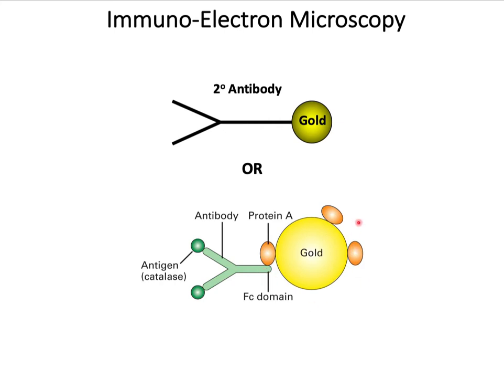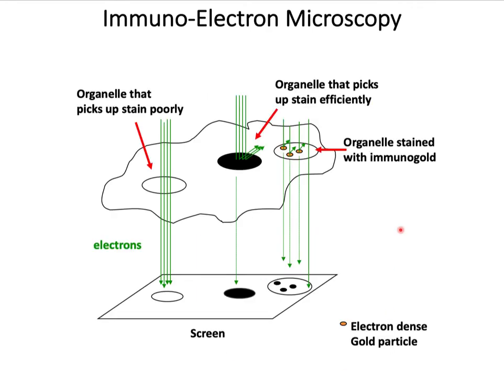This is the second way to label your primary antibody for visualization on the electron microscope. In this example, this is an antibody that specifically binds to catalase, which is found in the organelle known as peroxisome.